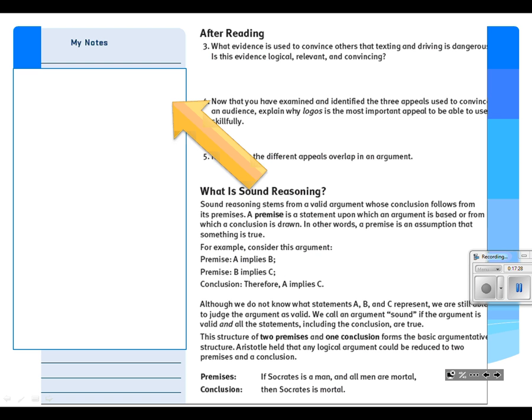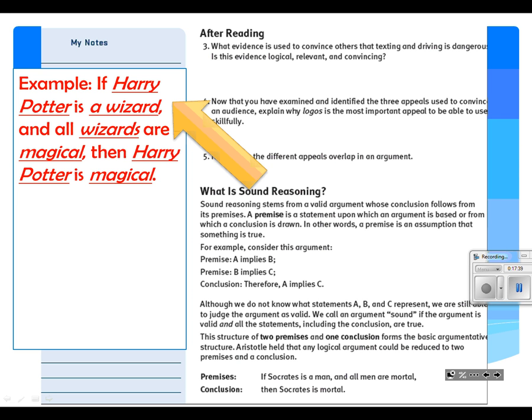All right, now there's one more thing I'm going to have you do with sound reasoning. I'm going to have you copy a secondary example. And here's hoping that you folks enjoy this one. Here's another example of sound reasoning. So I'm providing you two facts, and I'm developing a conclusion based on those facts. If Harry Potter is a wizard, and all wizards are magical, then Harry Potter is magical.